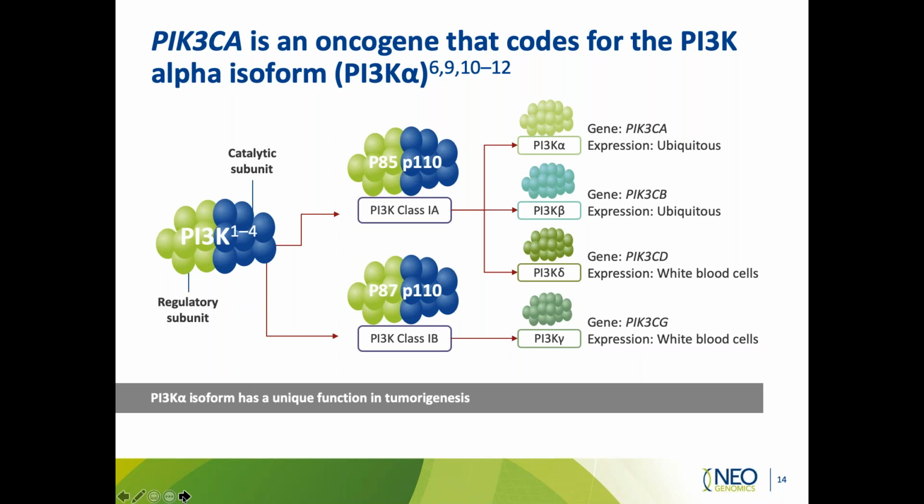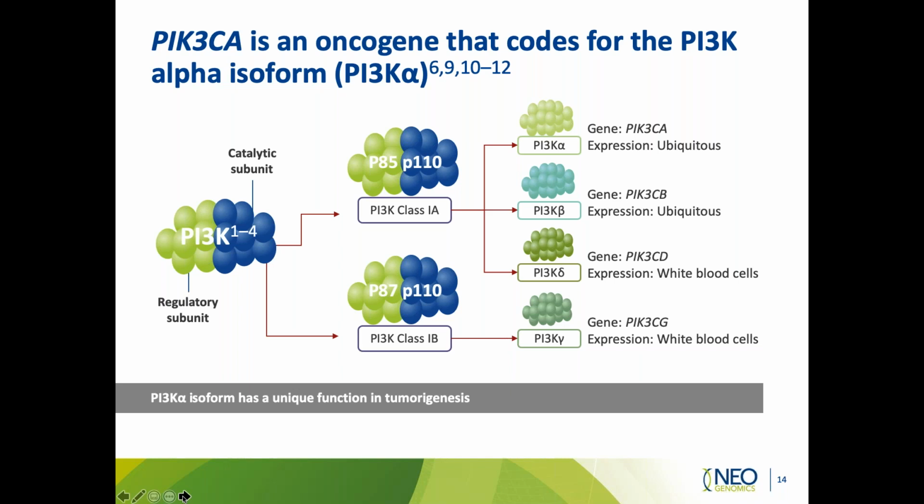Actually, there are several classes of PI3K molecules, 4 classes, and we're just going to be talking about the class 1 molecules, and really concentrate on the catalytic subunit. So there are 4 main different types of catalytic subunits called alpha, beta, gamma, and delta.